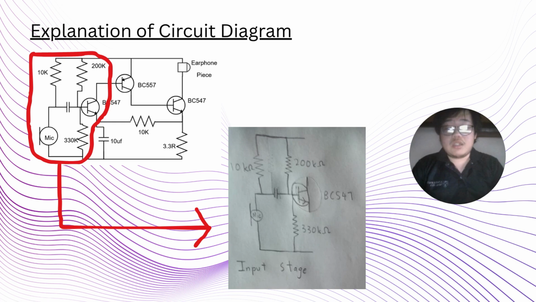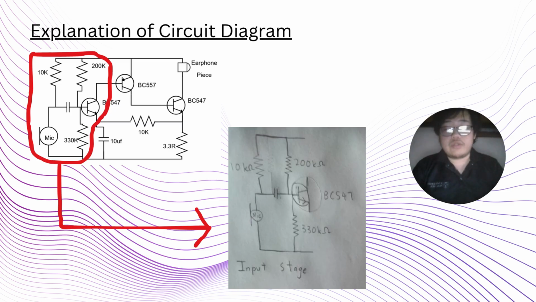The first part is the input stage of the circuit. The microphone acts as a signal generator of this circuit, producing a small AC voltage signal. The 10K ohm resistor to the top left supplies DC bias current to the microphone. The coupling capacitor, the capacitor in the middle, prevents microphone's DC bias to mess with the transistor's bias point.